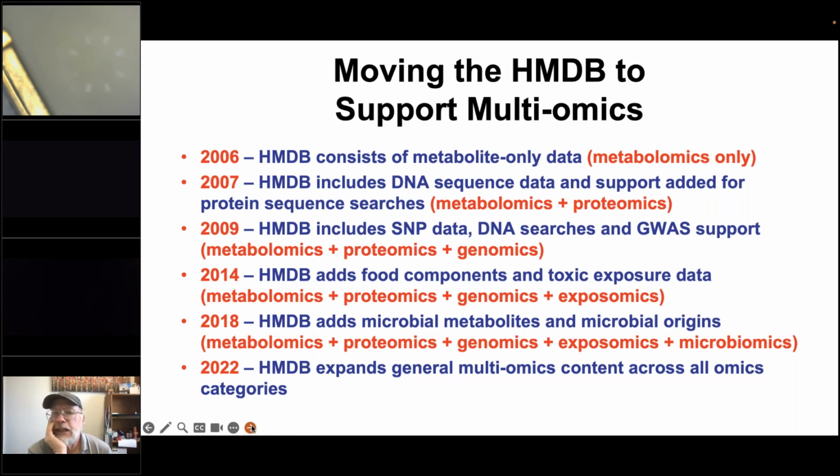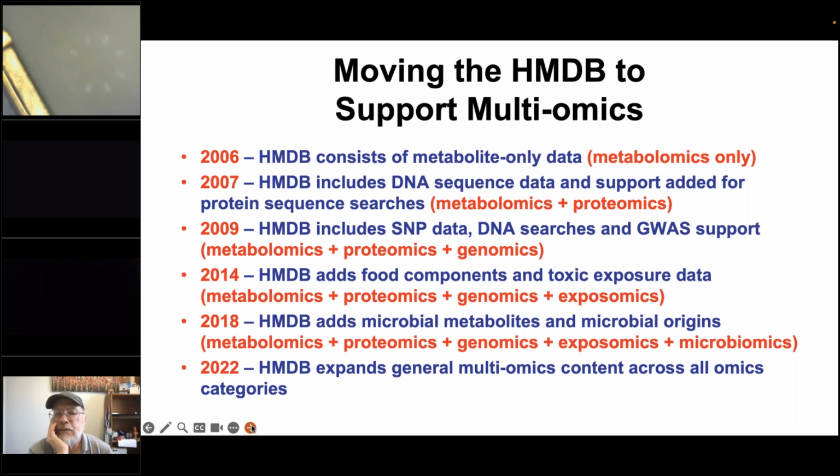By 2014, we started adding food components and toxic exposure data, bringing in drug information. So now we're starting to include the exposome in the HMDB. And then in 2018, we started adding more information about microbial metabolites and their microbial origins. So by then, we'd already become essentially a metabolomics, proteomics, genomics, exposomics, and microbiomics database.